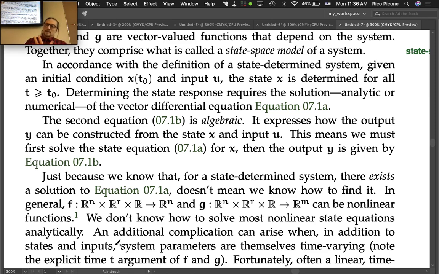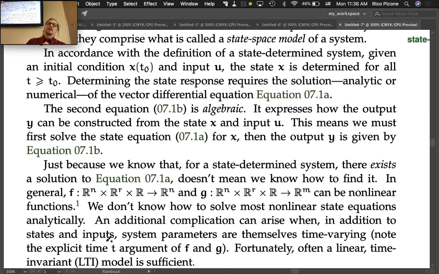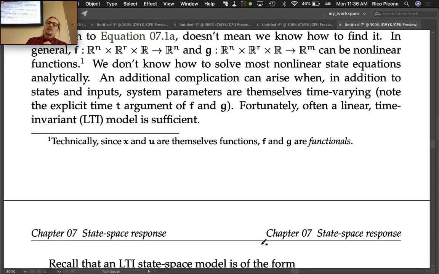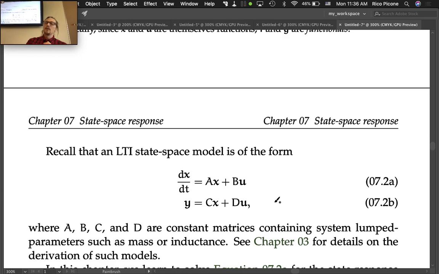So that sucks if it's nonlinear. An additional complication can arise when, in addition to states and inputs, system parameters are themselves time varying, and this is when we have that explicit time argument that shows up in f and g. Fortunately, often a linear time-invariant model, or LTI model, is sufficient, and that's what we're going to focus on.